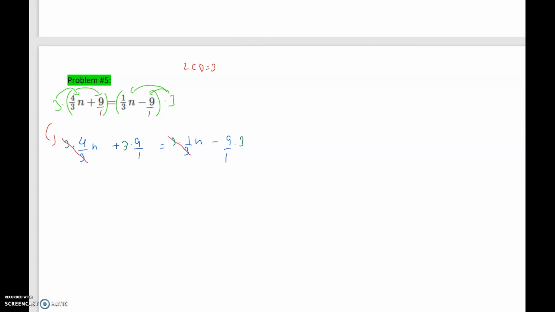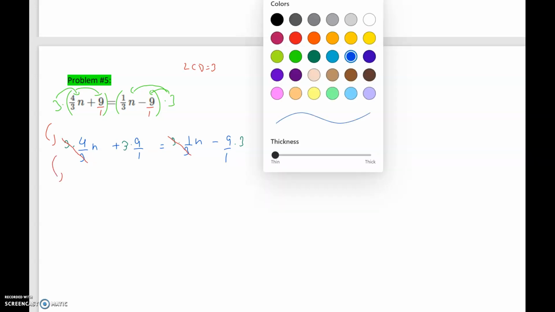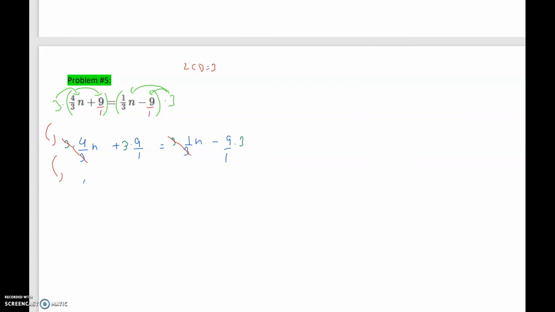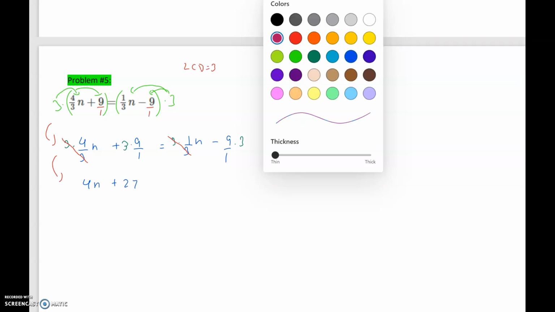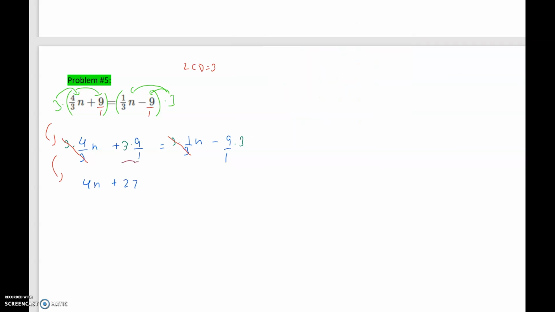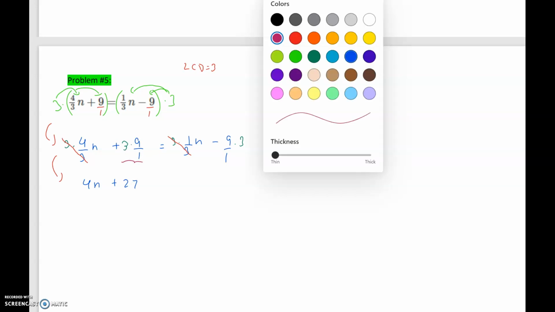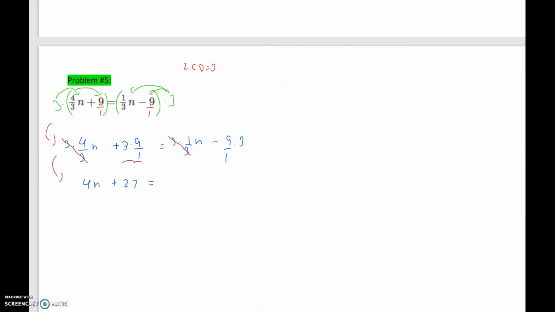So the 3s cancel and we're left with 4n plus 27. There's no cancellation on the integer because 3 divided by 1 is 3, times 9 is 27. And on the right hand side, we're left with 1 times n minus 27.